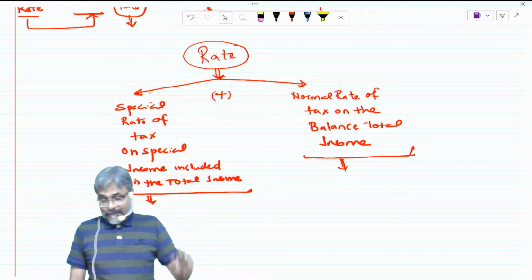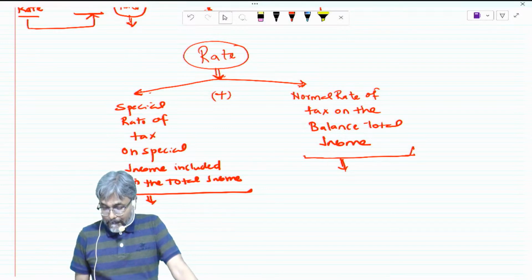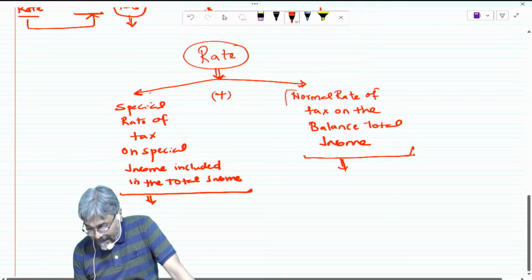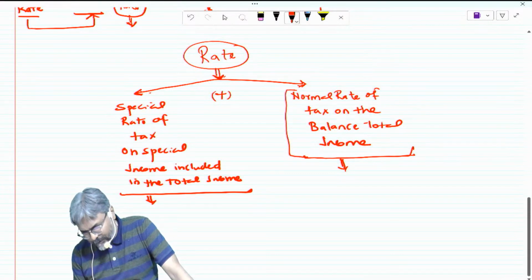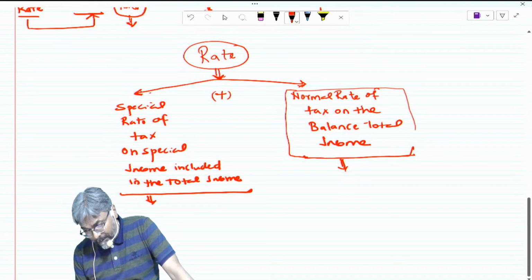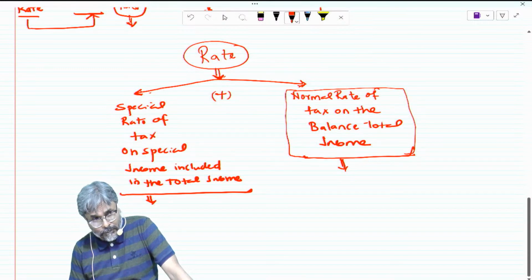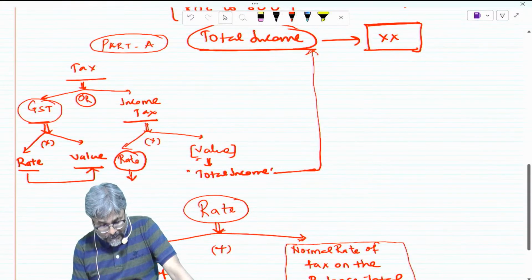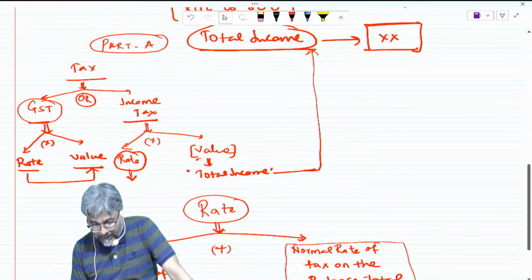The rate of tax: one is a special rate of tax, and another is a normal rate of tax. This is where the biggest change has happened. Again, I am repeating, students, to all of you, that the rate has to be applied on the value.